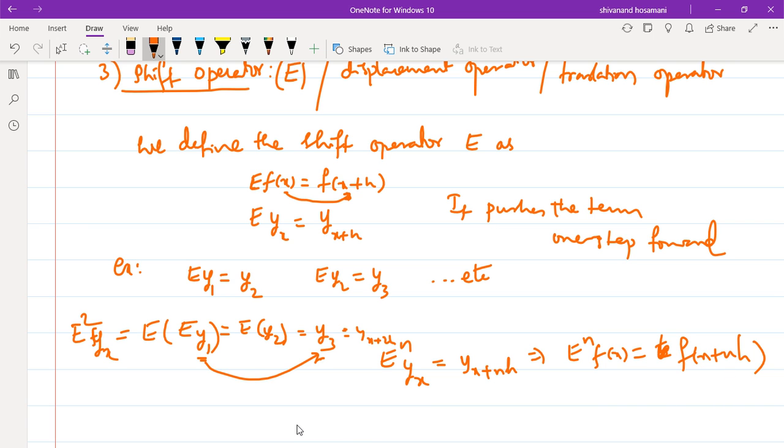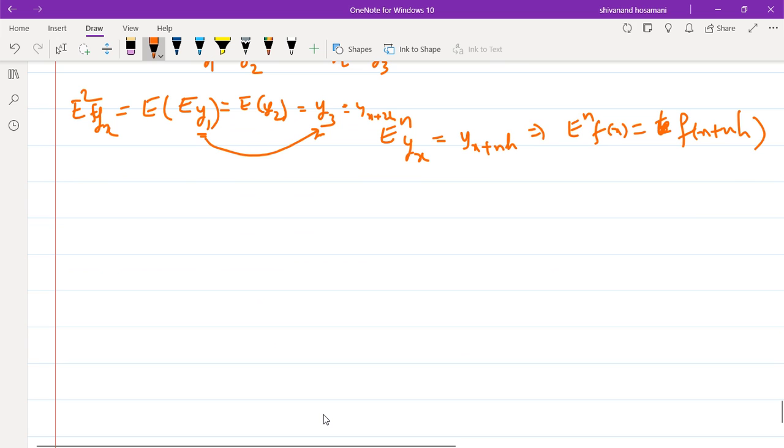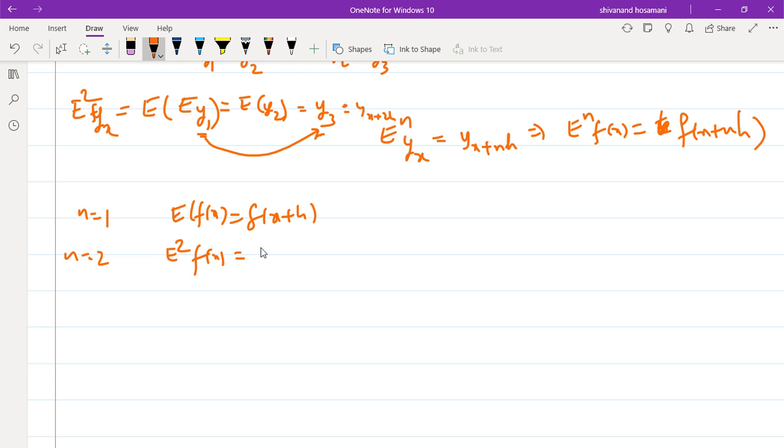Let us see this explicitly. When n is equal to 1, E f of x is f of x plus h. For n is equal to 2, E square f of x is f of x plus 2h. For n is equal to 3, E cube f of x is f of x plus 3h, and so on.